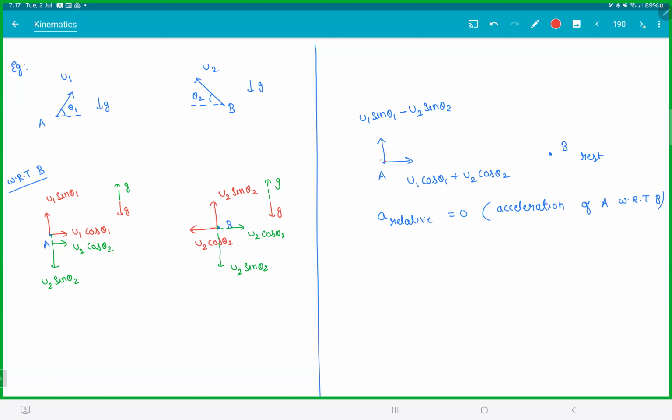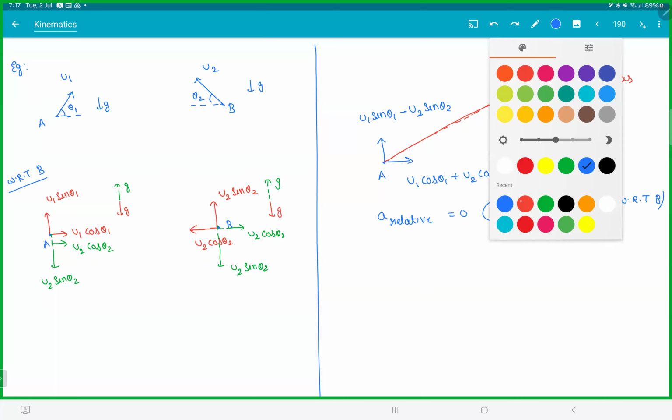So now, B will think A is going in a straight line like this. So this red line here is the path of A as seen by B. You're getting it? Normally, A is going in a curve, B is going in a curve, both are actually going into parabolas. But when you stand on B and look at A, it suddenly starts looking like a straight line.